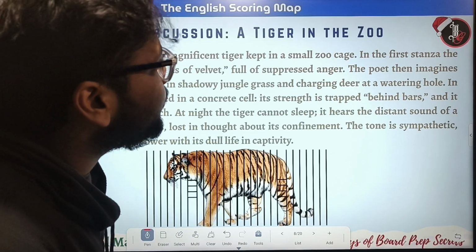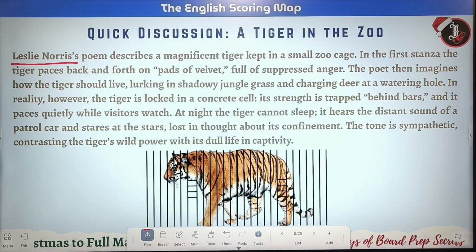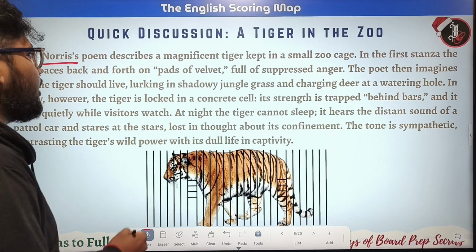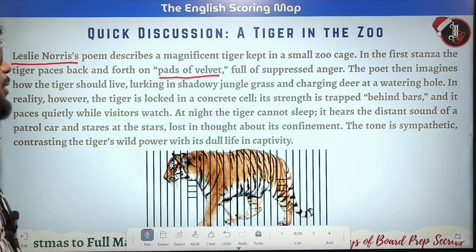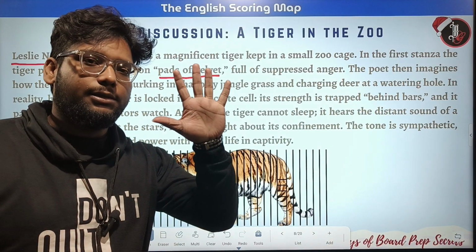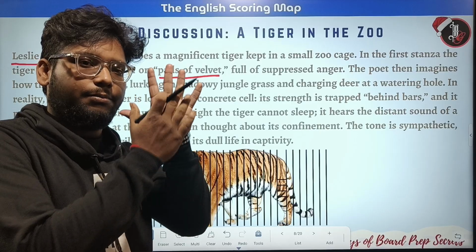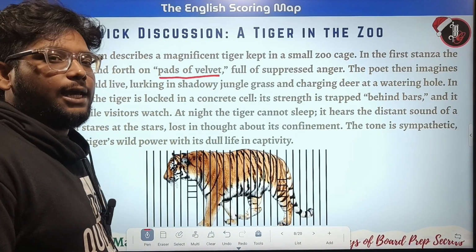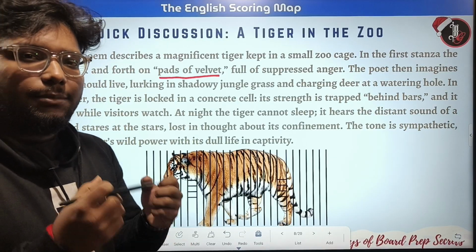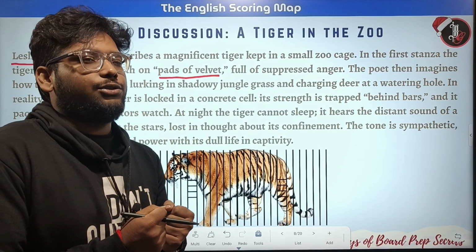In the first stanza, the tiger paces back and forth on pads of velvet. Pads of velvet basically means the tiger's paws. Full of suppressed anger. The tiger has suppressed his anger because he's caged.